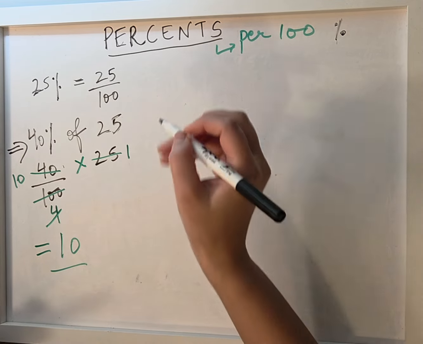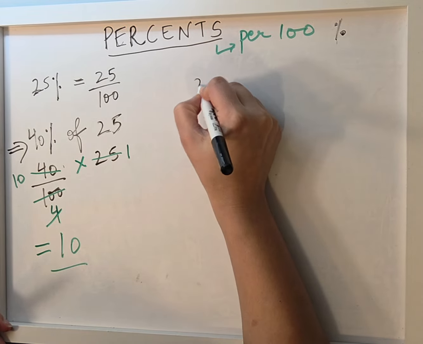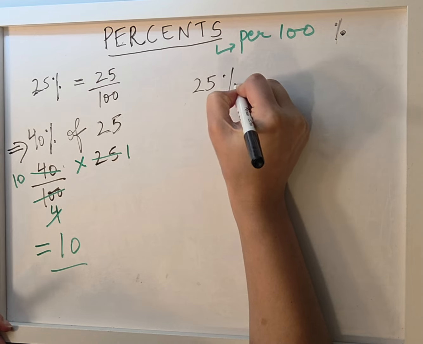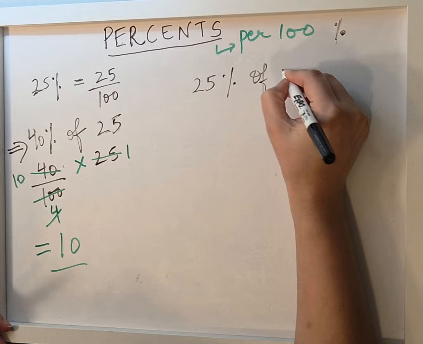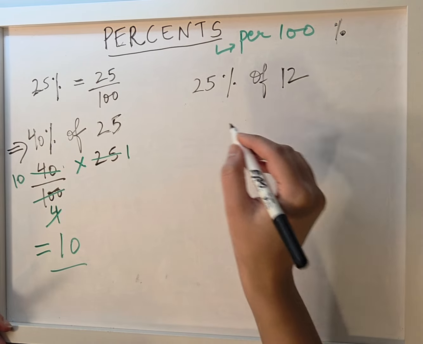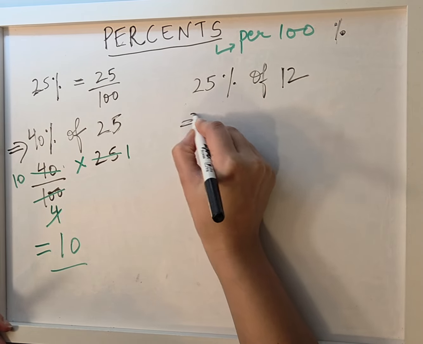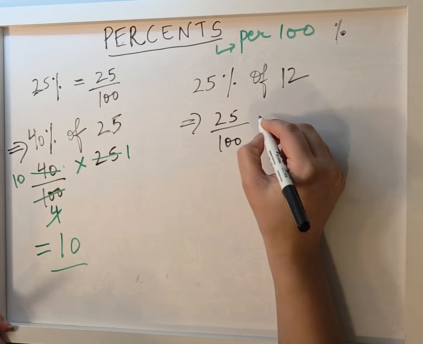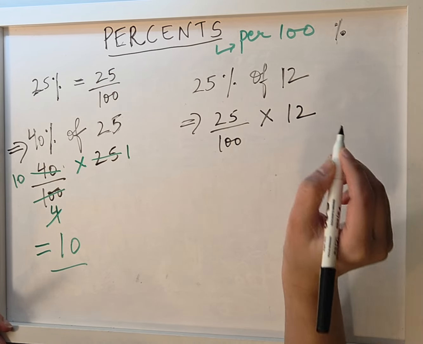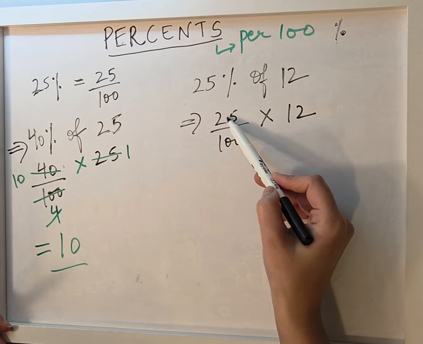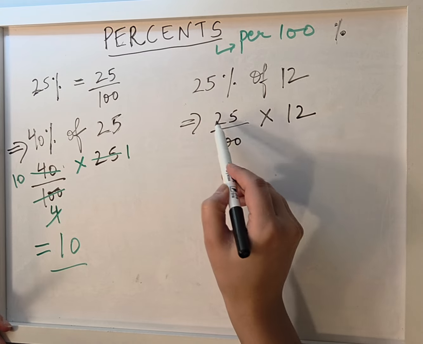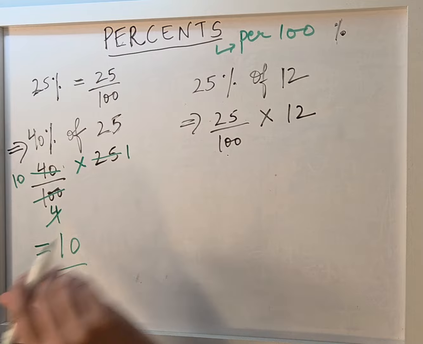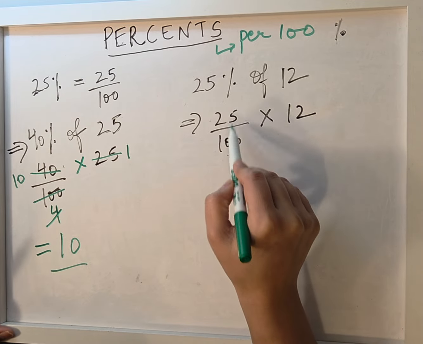Now let's look at another example. If I say 25% of 12, how can we write it? We write it as 25 by 100 into 12. Now 25 into 4 is 100, so 25 is a common divisor.